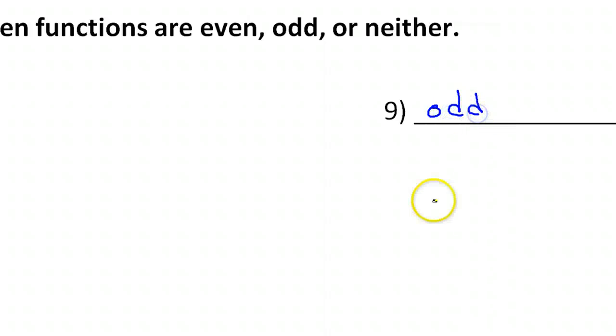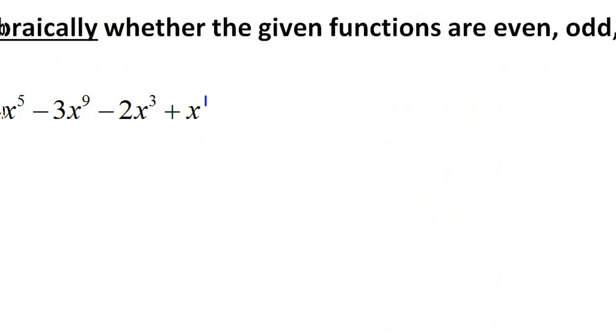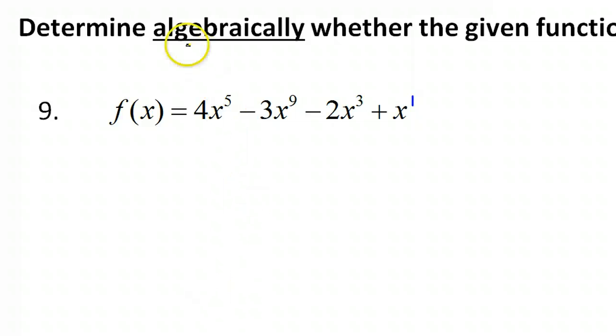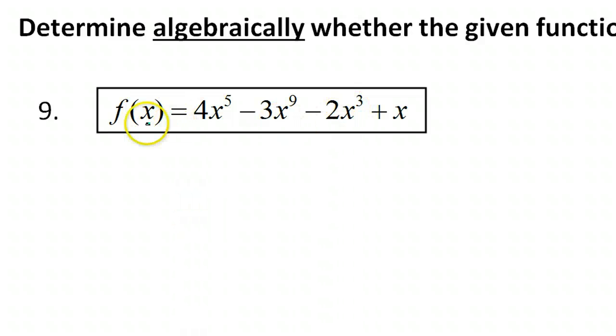Alright, but if you just write odd here, you're not going to get any points, because we're supposed to prove this algebraically. So here's how you do that. First, you put a box around this function. Very important, because that's the original function, and we're going to be comparing back to that in a minute. Next, you need to generate the opposite function, which would be negative f of x.